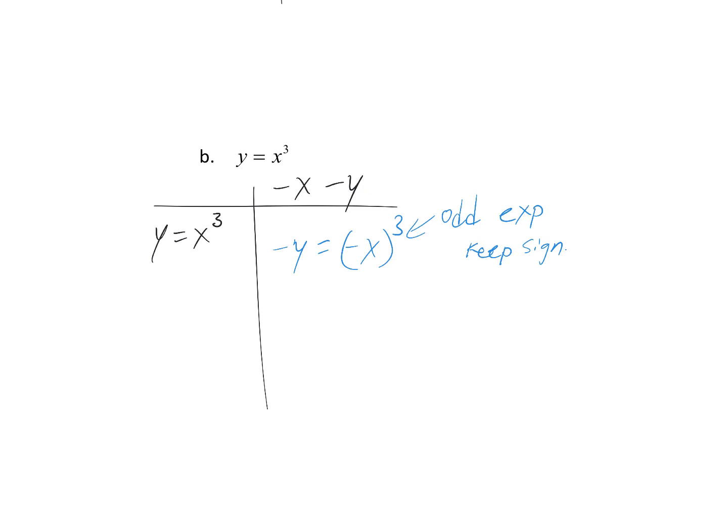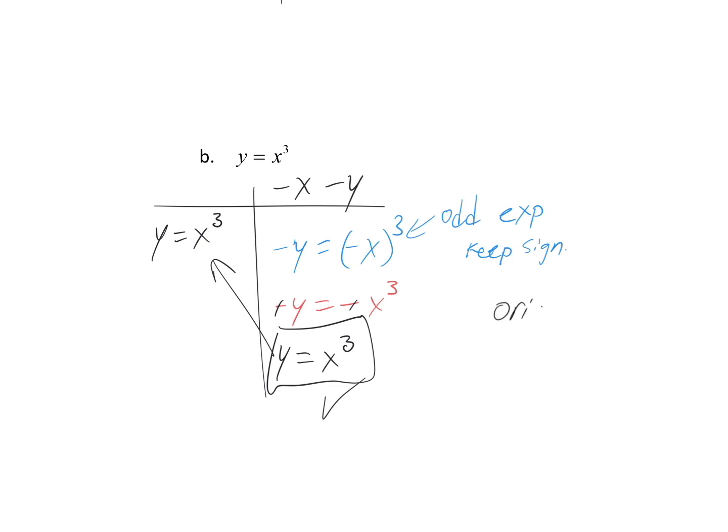So when we simplify this, something interesting happens again. So we get negative y equals negative x cubed. And when we take this a step further, these actually cancel out. And we get y equals x cubed. Well, what do you notice about that? It's the same as what we had here. So this function, again, has origin symmetry.